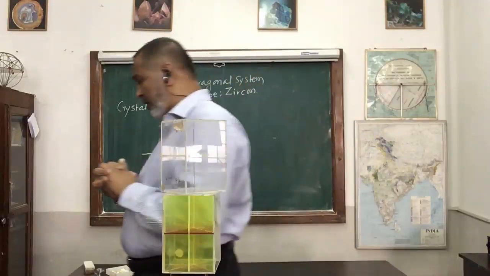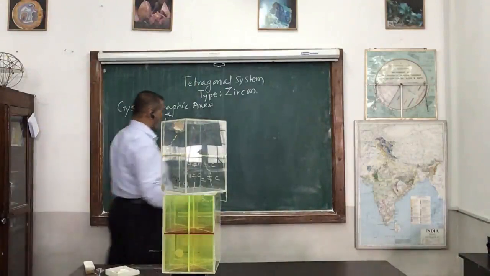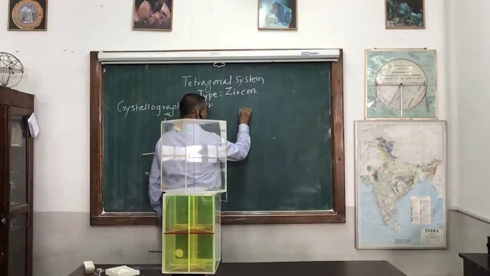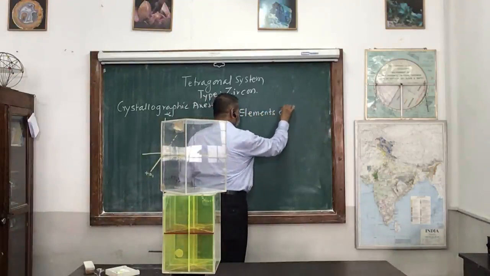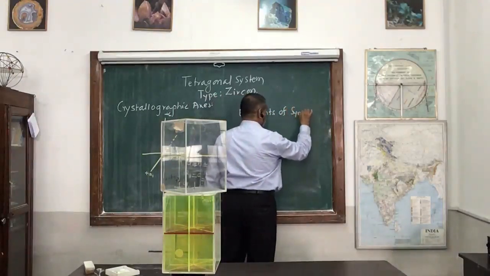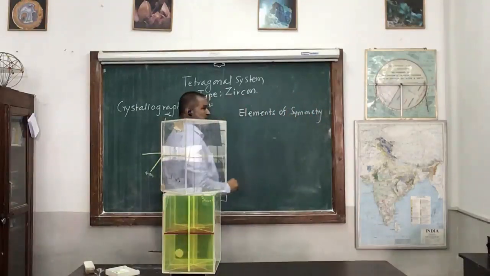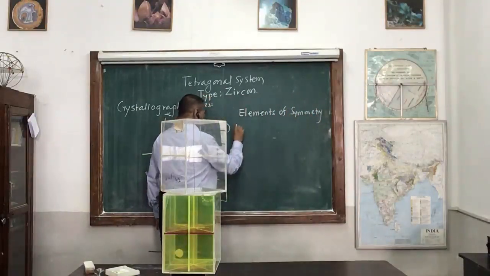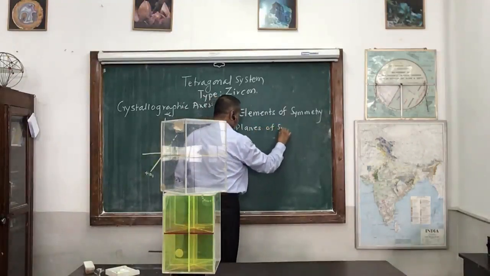Coming to the next point in this system, the elements of symmetry. What are the elements of symmetry? First, we'll see the planes of symmetry: how many planes of symmetry are there?